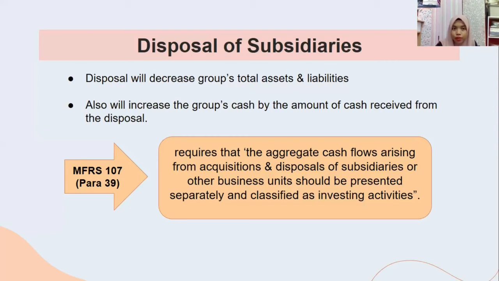The net cash flow will be the disposal consideration received in cash and cash equivalent less any cash and cash equivalent in the subsidiary disposed. Under MFRS 107, paragraph 39, the aggregate cash flow arising from acquisitions and disposal of subsidiaries or other business units should be presented separately and classified as investing activities.